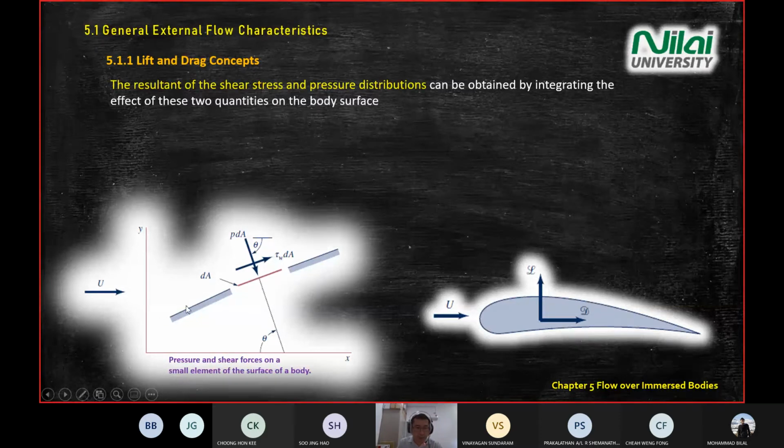We take the horizontal axis of your surface relative to the x-axis, so we get the angle here. This angle is the same as this angle. So this is the mathematical geometry relationship. And our flow is from the left to right. All right, from the left to right.